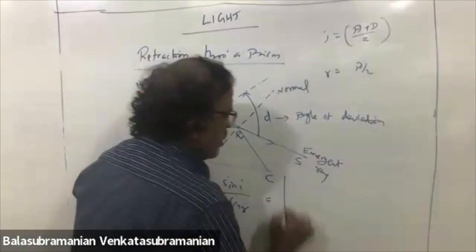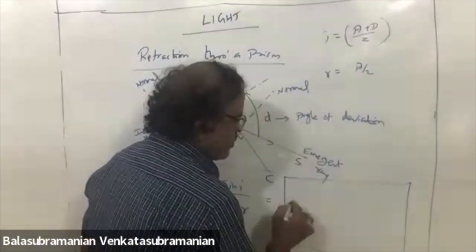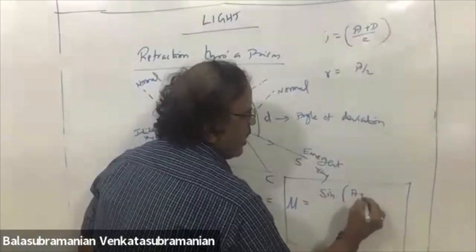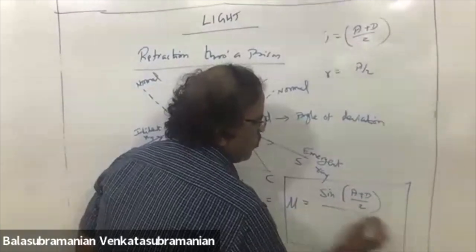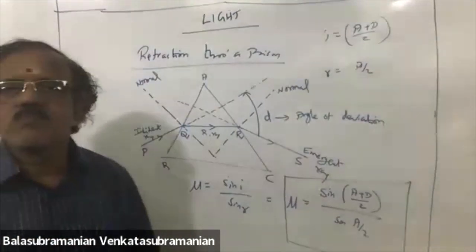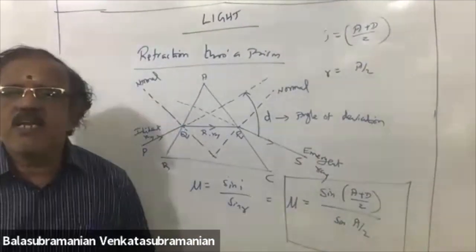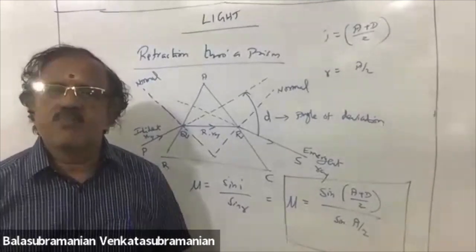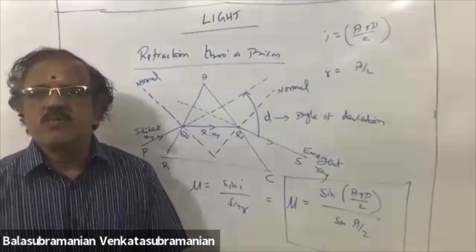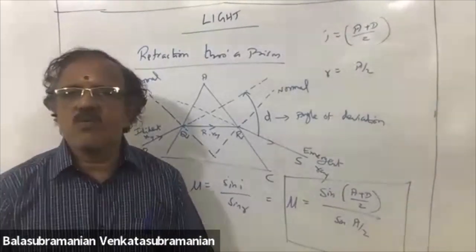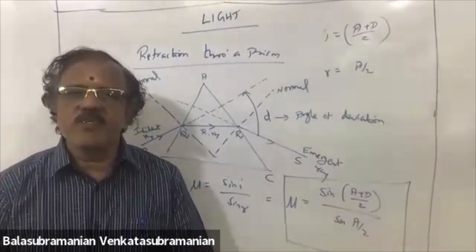Then the final formula for refraction through a prism will be mu is equal to sin((A plus D) by 2) divided by sin(A by 2). Just an introduction alone, no derivation, for refraction through a prism.